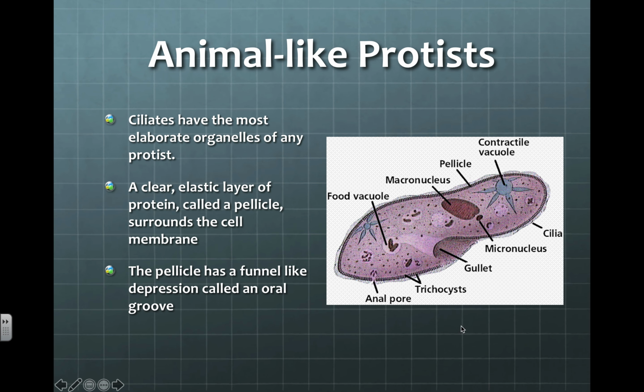So with the cilia, it can beat back and forth and cause motion, but if you notice, this oral groove is also lined with cilia, so when it beats, it can bring food into their oral groove, because if they're in stagnant water, water's not moving. They're basically filter feeders and feeding off of things that they just happen to pull in. So cilia are pretty important, not only for motion, but in feeding.